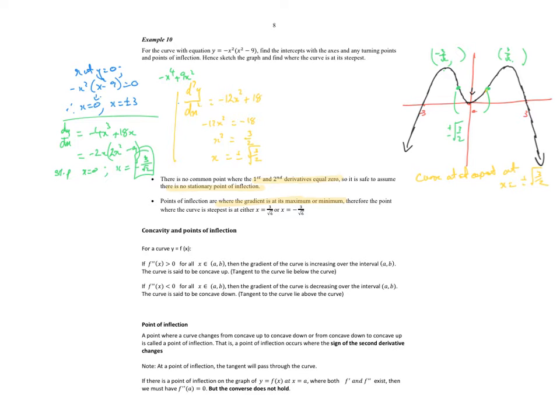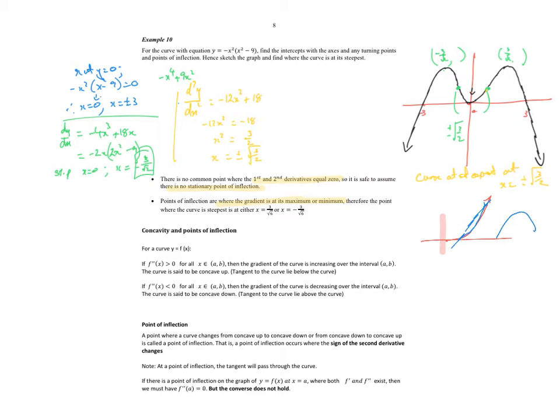I guess the next part of this leads us into talking about concavity, where a function is concave up or concave down. It's the curving nature of the graph, and we'll see that on the next slide. Yeah, the curving nature is curving up or it's curving down.